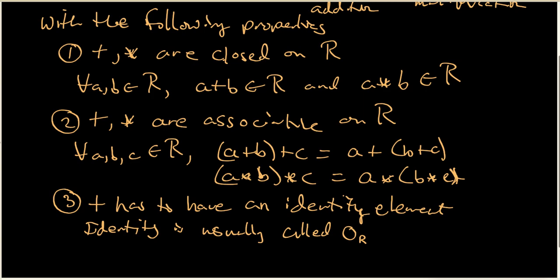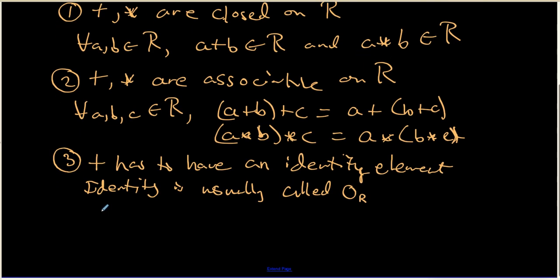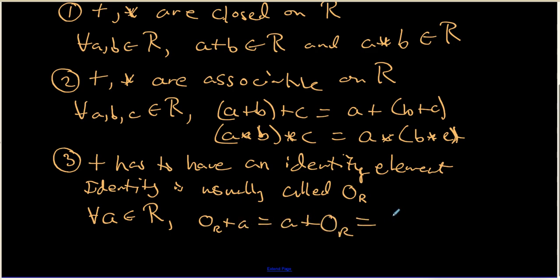And what does this mean? Well, it means that for every element A inside the set R, 0R plus A has to be A plus 0R, and both of those things simply have to be A. In other words, this element 0R behaves just like the real number 0 does.